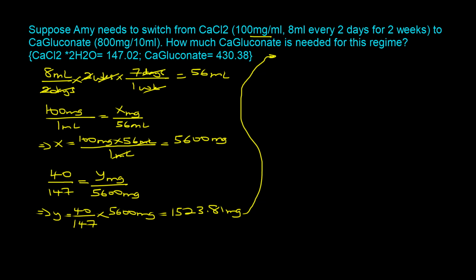So we can set up a ratio saying that the molecular weight of calcium, which is 40, divided by the molecular weight of calcium gluconate, which is 430.38, should be equal to the quantity in milligrams of the elemental calcium that we just calculated, 1523.81 milligrams, divided by the total amount of calcium gluconate, which we do not know.